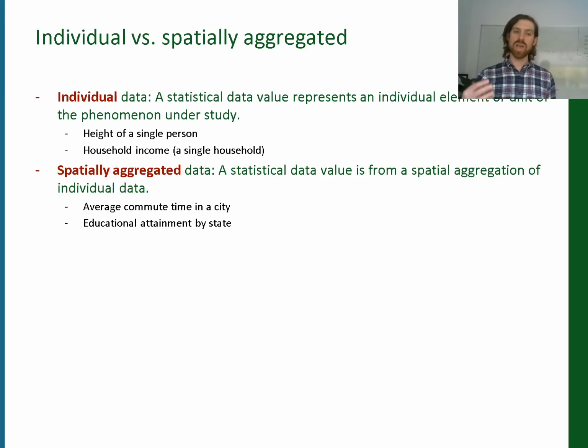And then when we have spatially aggregated data, what we're essentially saying is that within some sort of boundary, we might estimate or define the number of individuals living within that boundary. And then we can produce different statistics within those boundaries which we've spoken about.